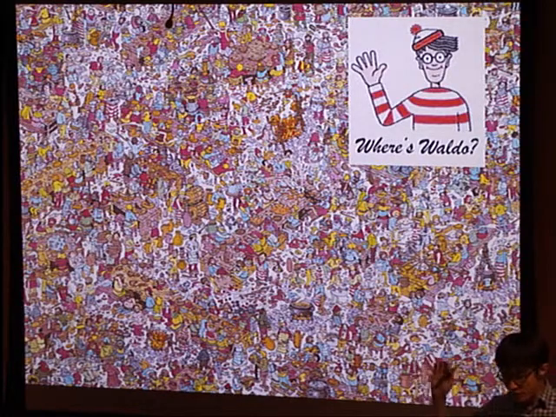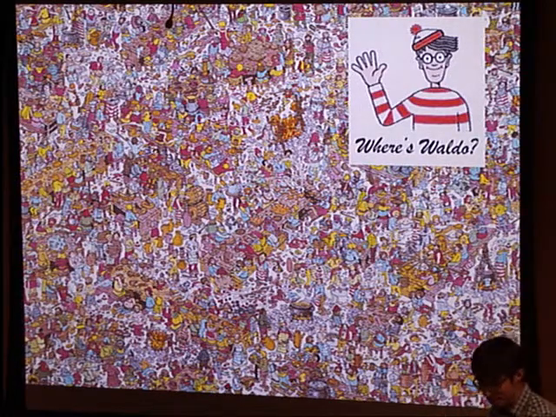Basically you have this big picture with a small pattern, and you're supposed to find it, right? Did anyone find Waldo by now? No? Okay, I'm sure there are a couple of people who already found it. For some people this is easy, for some it's not, but eventually you're going to find it, right? If you are given like 1 day to find it, you're going to find it.